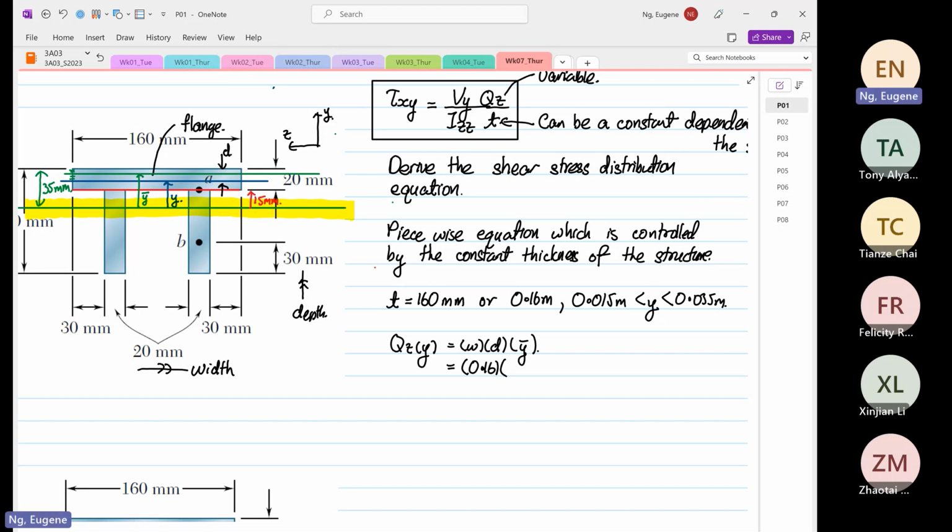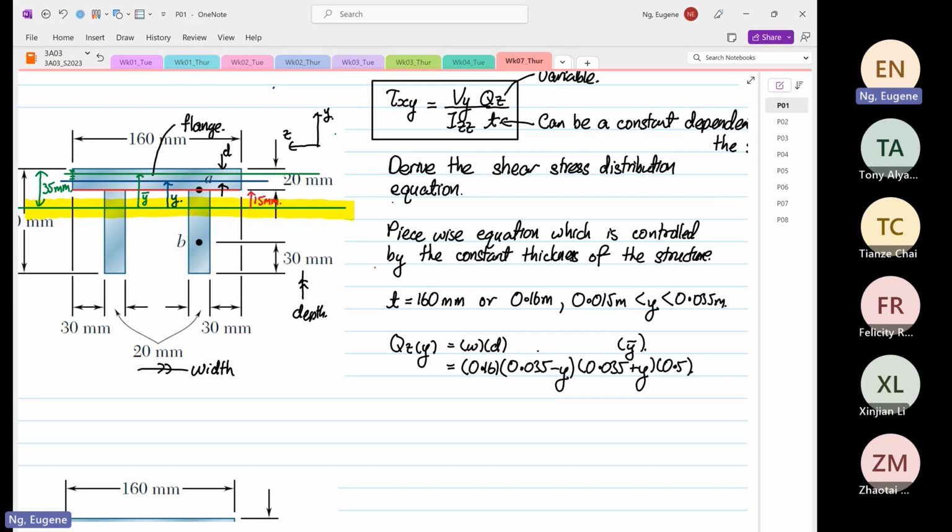So the depth is equal to 0.035, dependent on y. And then you have the y bar. Over here we're going to write our y bar. Our y bar is equal to 0.035 plus y multiplied by 0.5.